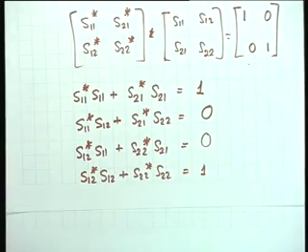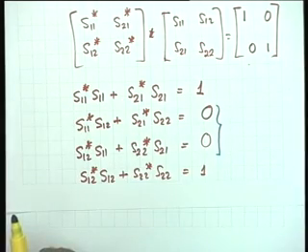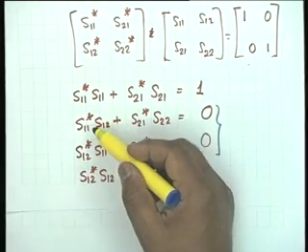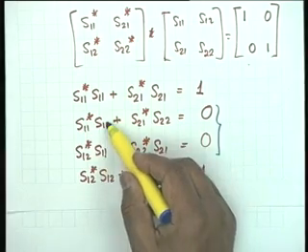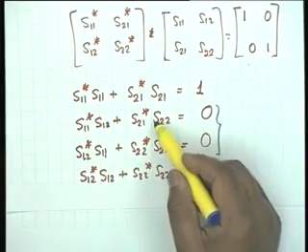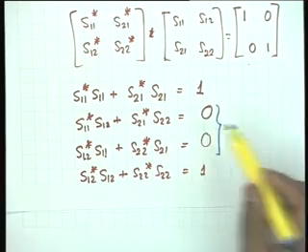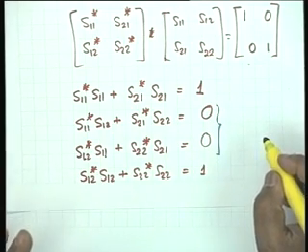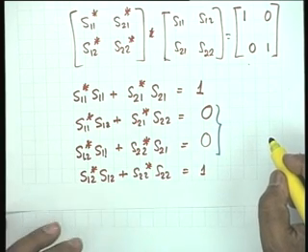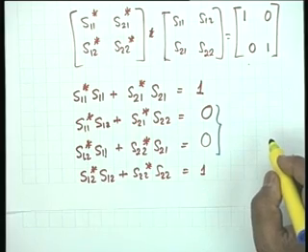If you see carefully, you notice that these two equations are conjugates of each other. If you take the conjugate of this, S11 star comes as S11, S12 star comes as S12. Similarly, this term is the conjugate of this, and the conjugate of 0 is 0. Therefore, although there are two equations, they do not express anything new, they are the same equation. So in actuality we have three equations.